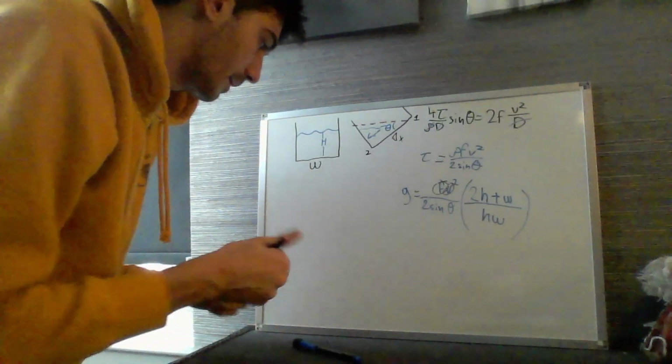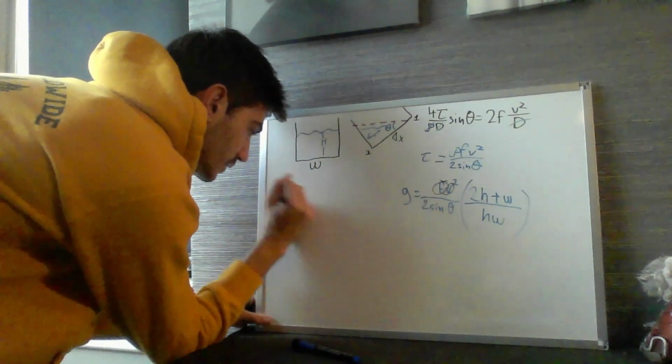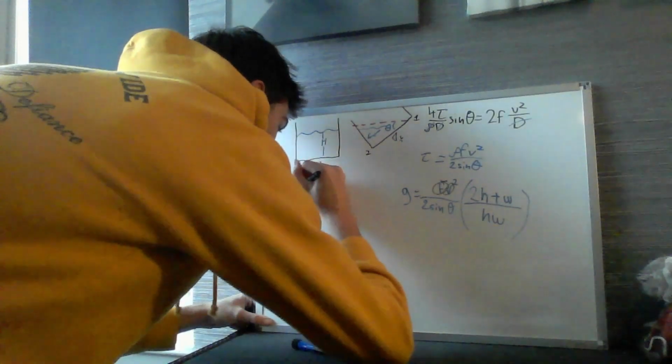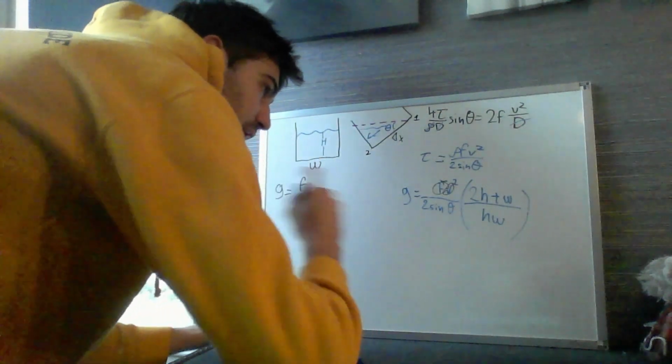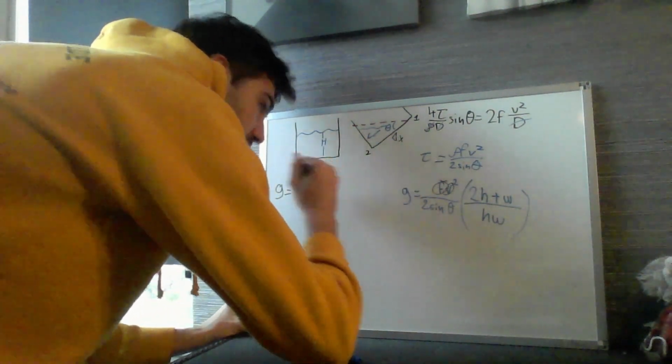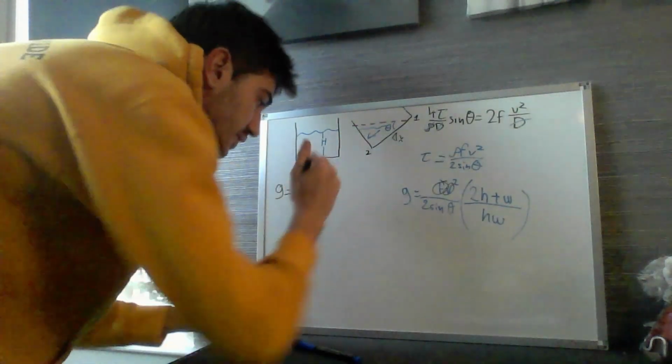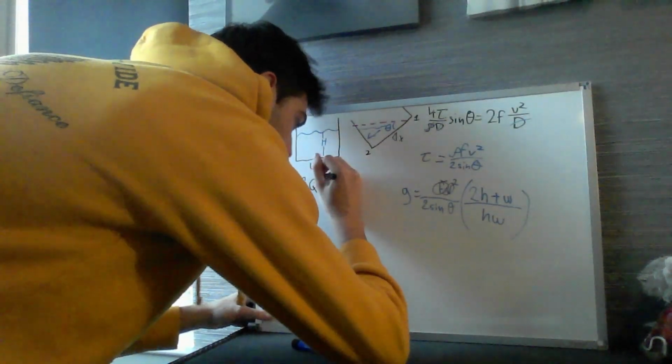All right, I'm going to go ahead and plug this here. So G is now equal to F, and then we're going to have V squared. So we said we're going to have Q squared in the numerator, right?